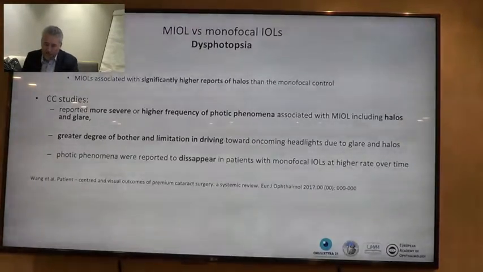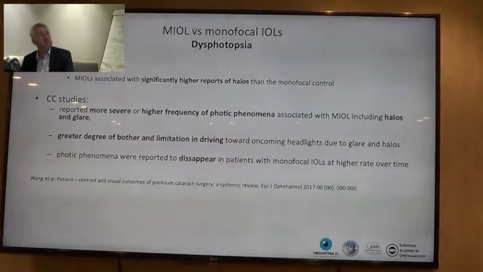Then there were 11 randomized controlled trials which tried to evaluate the dysphotopsia occurrence in these two different groups, and based on these 11 RCTs, we can confirm that multifocal IOLs were associated with significantly higher reports of halos than the monofocal control.